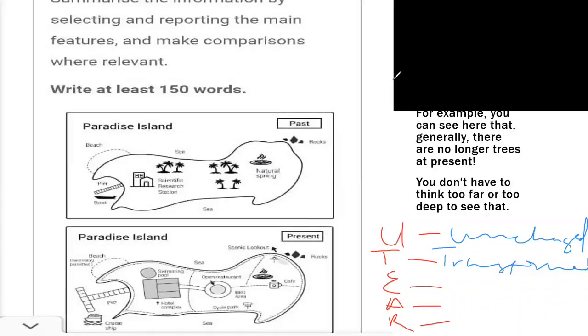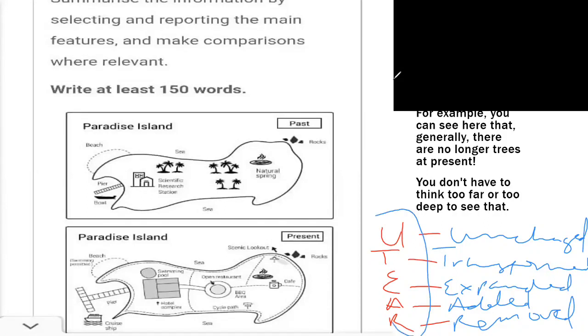This is the expanded features. This is the added features, addition. Then these are the removed features. So if you have this UTEAR in your brain, it can help you. If you are like me, I like simplifying things like that.